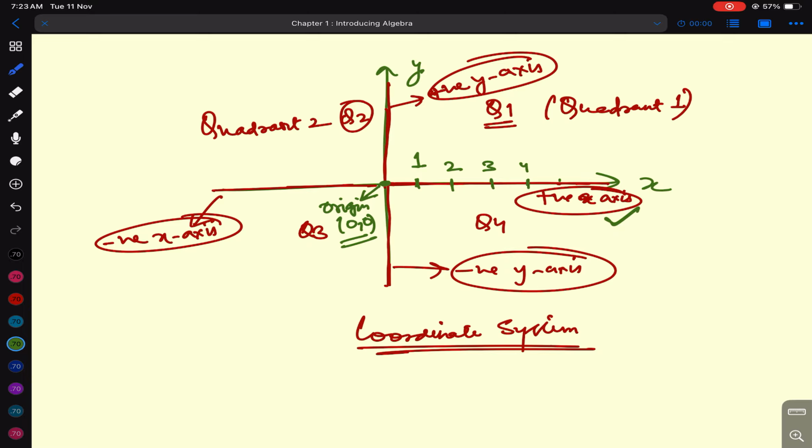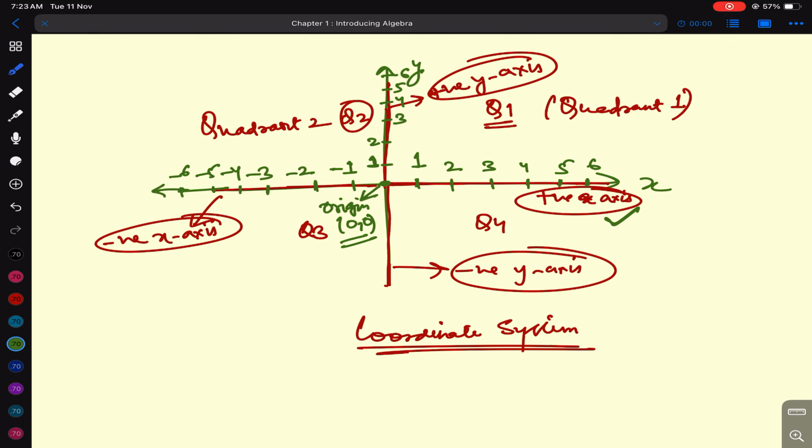Now let me label the points on all the axes. So 1 to 6, then it is 1 to 6 on the vertical, then we have 1 to 6 on the negative side, which is negative 1, negative 2, negative 3, negative 4, negative 5, negative 6.